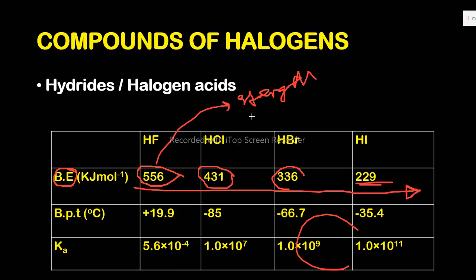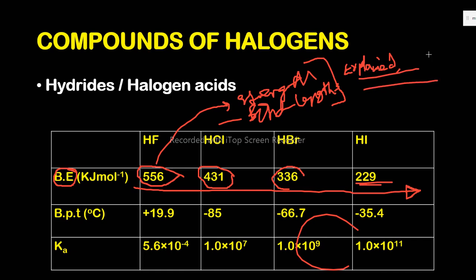You can tell, based on that energy, the bond length, and how the bond length is going to vary down the group. Having all this, you should be in a position to briefly explain. I've really explained a lot, and you are the ones who are going to explain these variations.